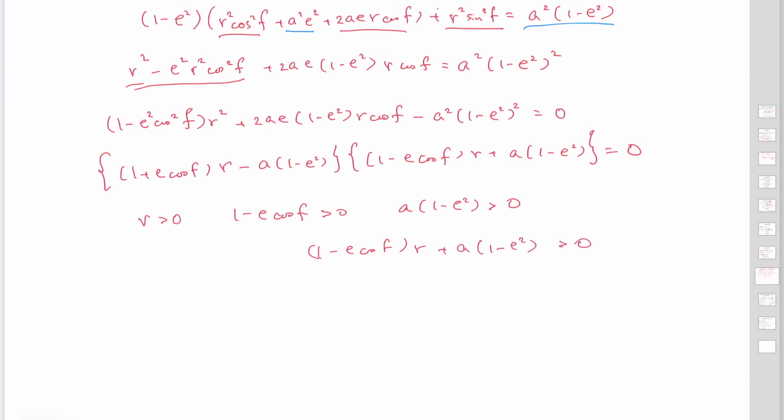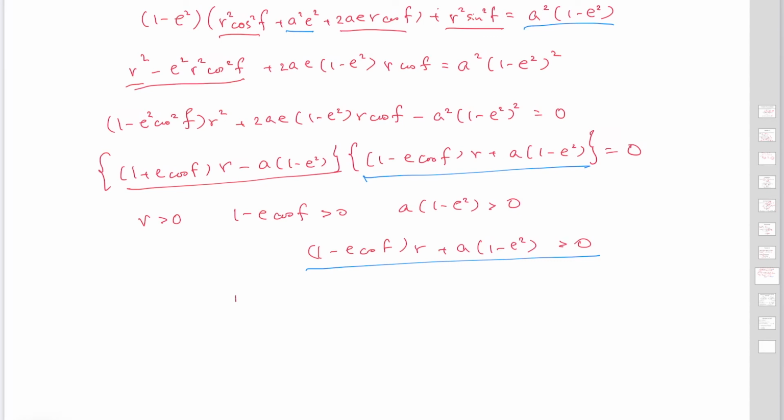This is positive, so we can divide by these terms. Then the other factor has to become 0.